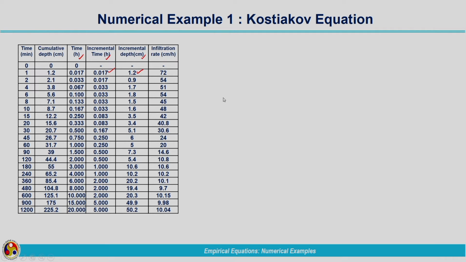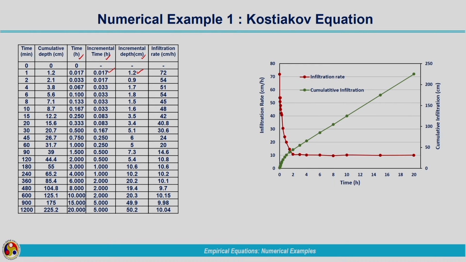After that, we can plot the curve corresponding to cumulative infiltration and infiltration rate. The green curve represents the cumulative infiltration and the infiltration rate is given by the red curve. You can see the infiltration rate was initially very high, then it comes down, and finally it takes a constant value.